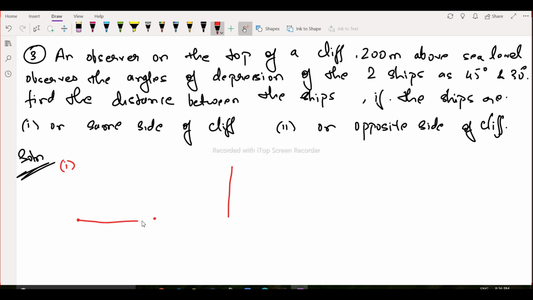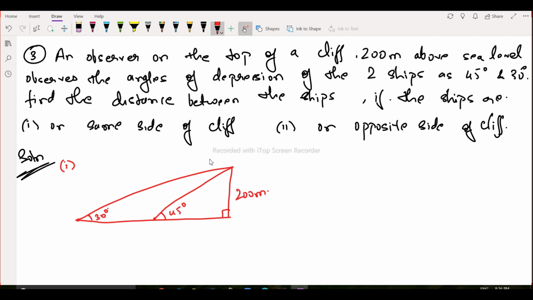So we can draw this triangle, and we can take this angle as 30 degrees and this one as 45. This is 90 and this is 200 meters, and you need to find the distance between the ships.